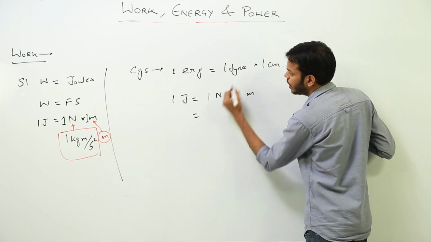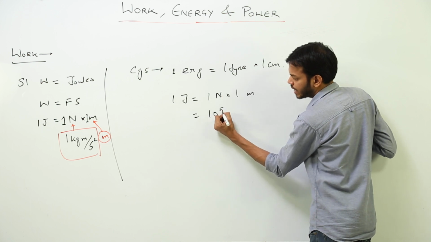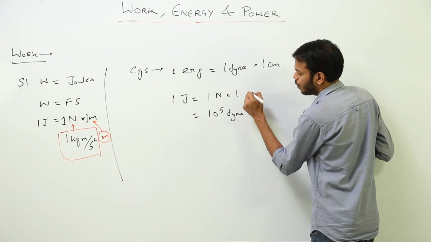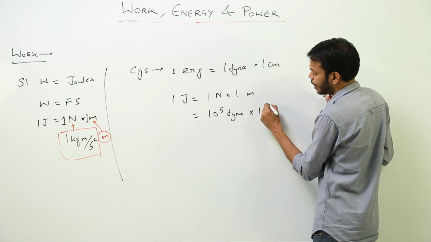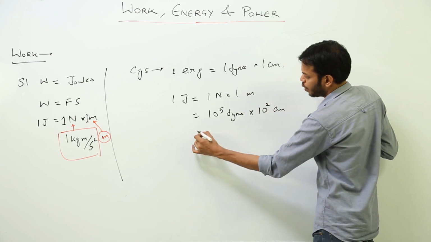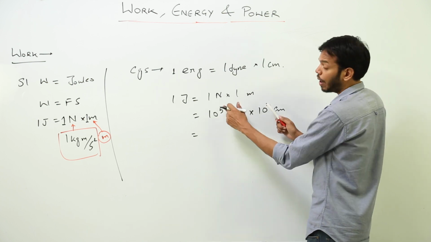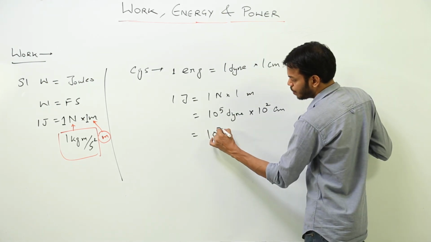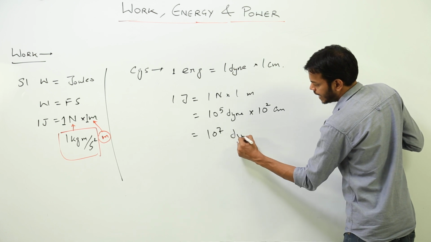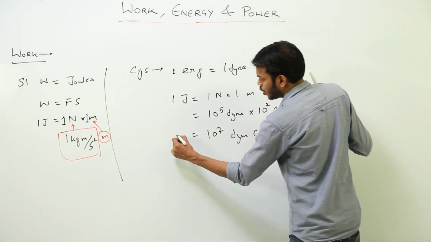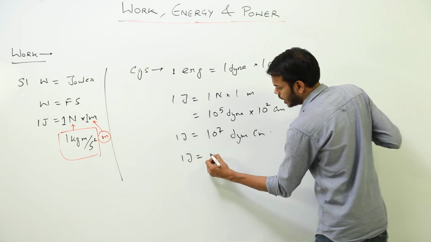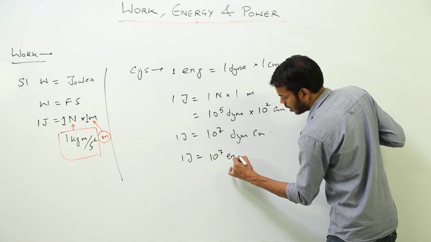So 1 newton is how many dynes? 10 raised to power 5 dynes, right? And 1 meter is how many centimeters? 10 raised to power 2, that is 100 centimeters. So I get 10 raised to power 5 into 10 raised to power 2, which is 10 raised to power 7, as the powers get added up. So 10 raised to power 7 dyne centimeter. So 1 joule is actually 10 raised to power 7 ergs.